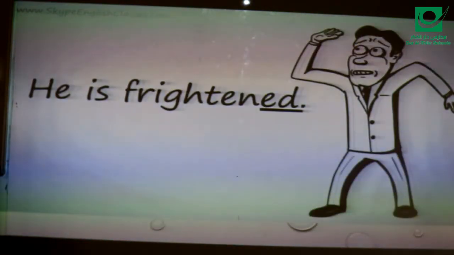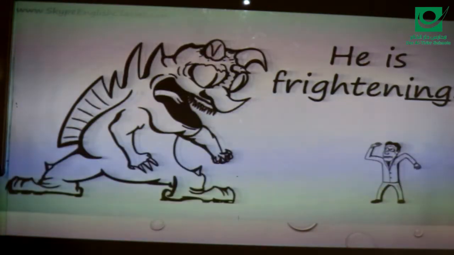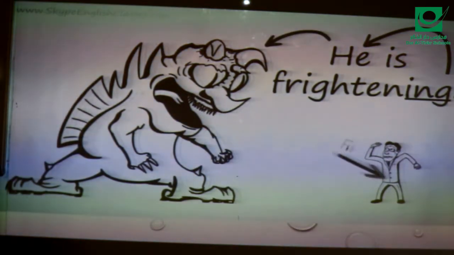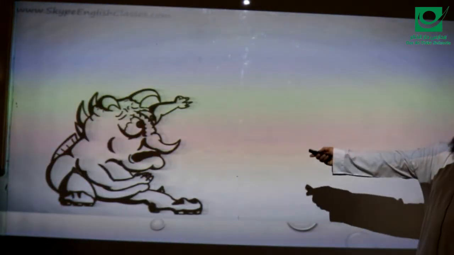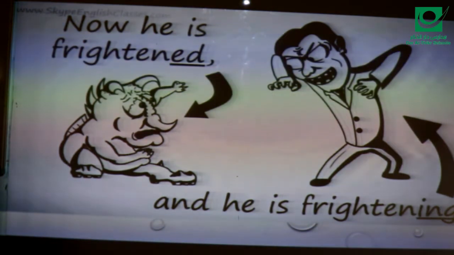Adjectives with ed describe the state or feeling of the subject. Adjectives with ing describe the feeling or state the subject causes. What happens if we reverse this example? Okay, now if it's the opposite, I say, look. Now, he is frightened. See, yes. He is frightening. In this case, the monster receives the adjective. The man causes it.